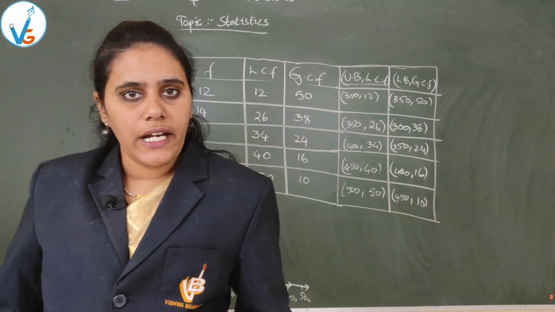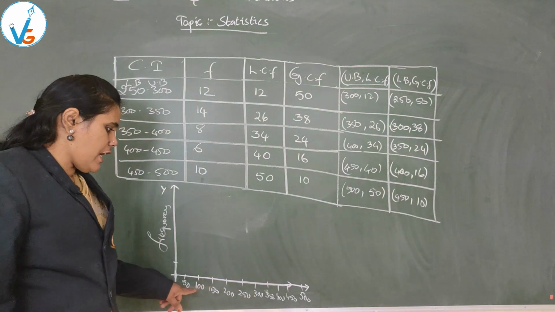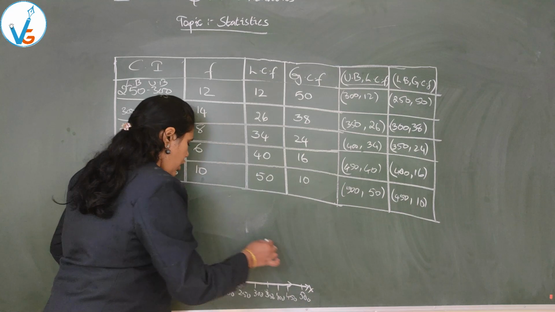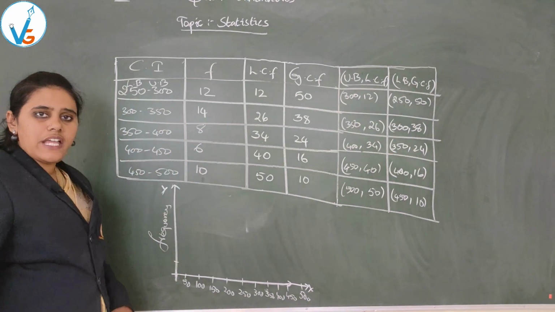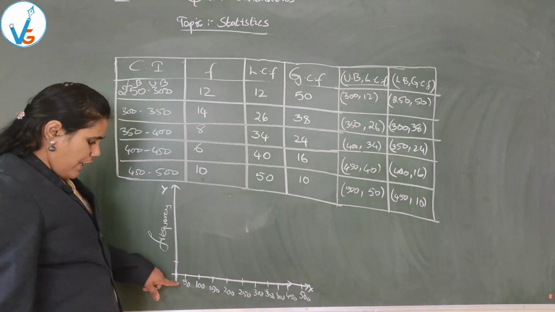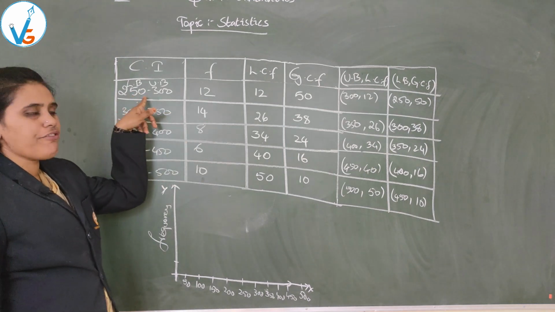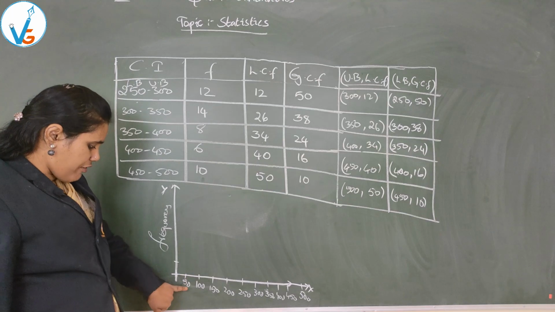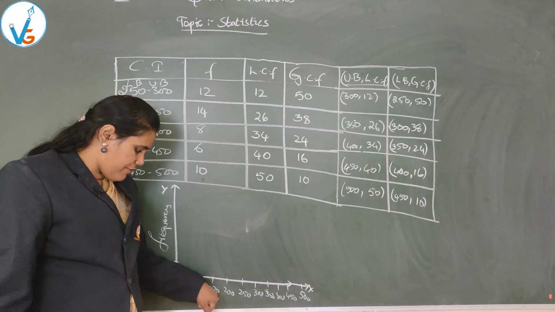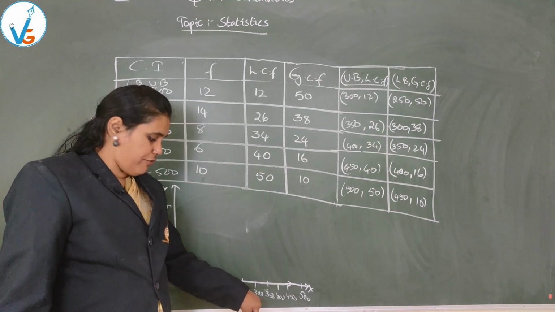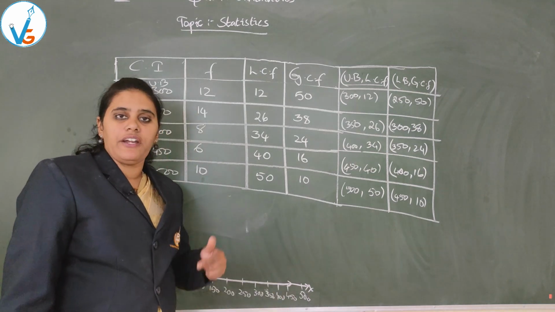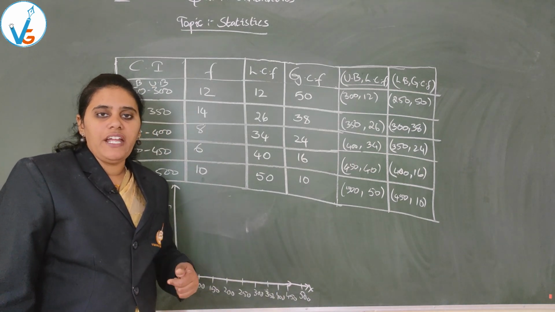For drawing the graph, we first have to draw our x-axis and our y-axis. Next, what we have to do? Here, we have to write our numbers. Boundaries have a difference of 50 each. So we will start from 50, 100, 150, 200, 250, 300, 350, 400, 450 and 500.